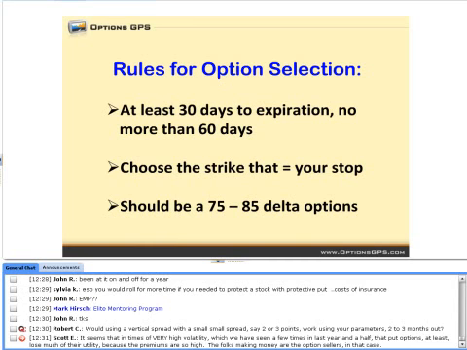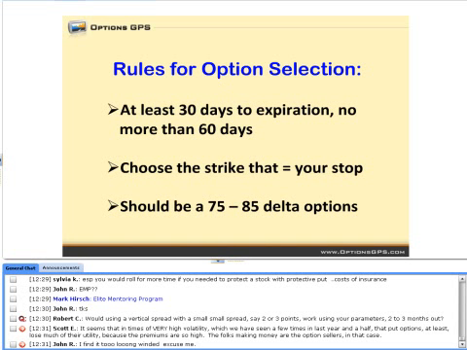So as you head out on the calendar, it's not going to change that much. You're still going to have roughly the same parameters. The September $3 spread is not going to be terribly different in price than the October $3 spread.